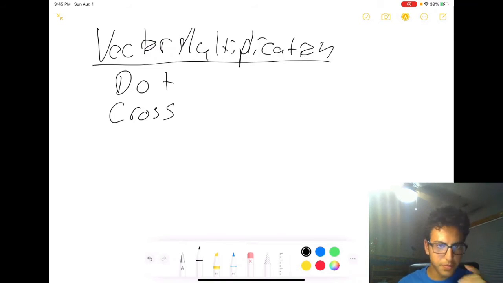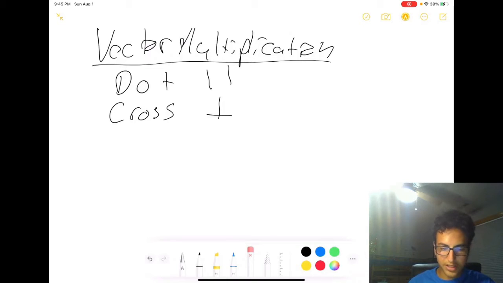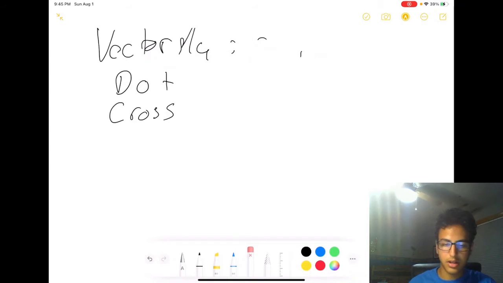These two are pretty similar, but the dot product is the product of the vectors in a parallel direction, and the cross product, if you think about it, cross, is the product of the vectors in the perpendicular direction. This doesn't really start to make sense until you see it all drawn out.